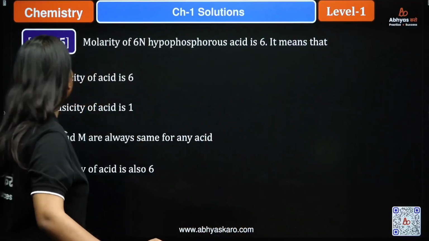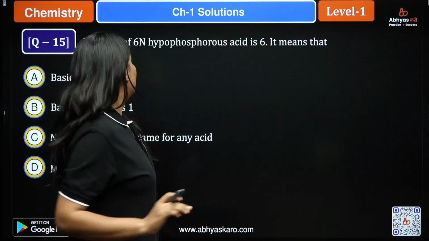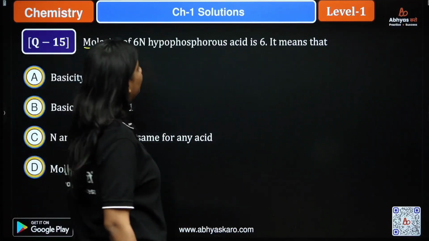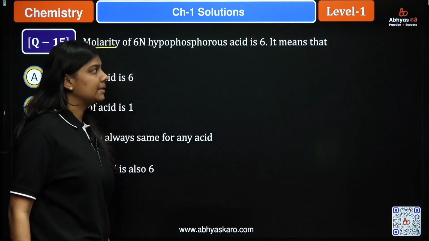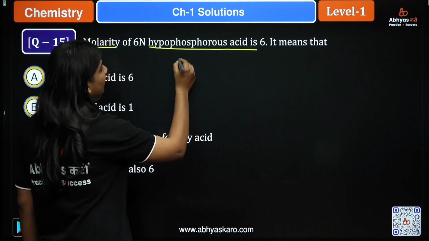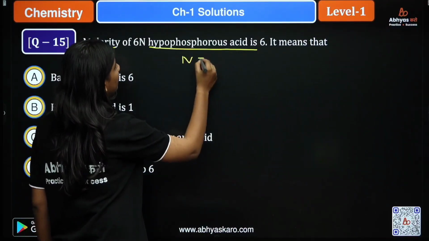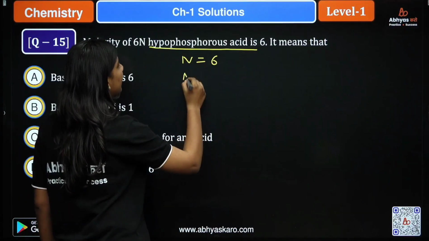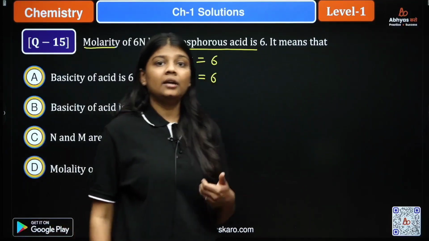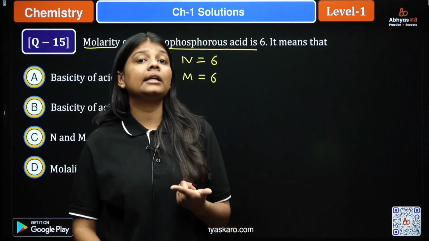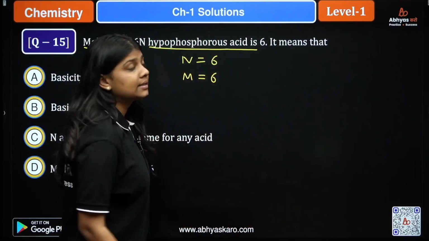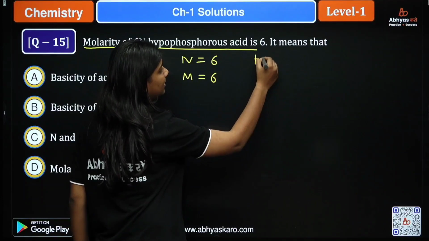Okay, so let's proceed with the last question. Molarity of 6 normal hypophosphorus acid is 6. It means that for this acid, they are giving the normality is 6, and the molarity is also 6. It means that if the molarity and normality are the same for any acid, here the acid is hypophosphorus acid.